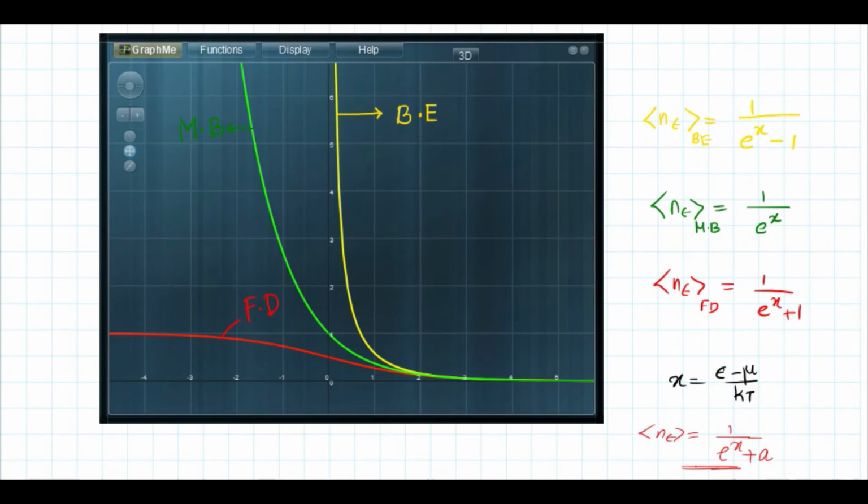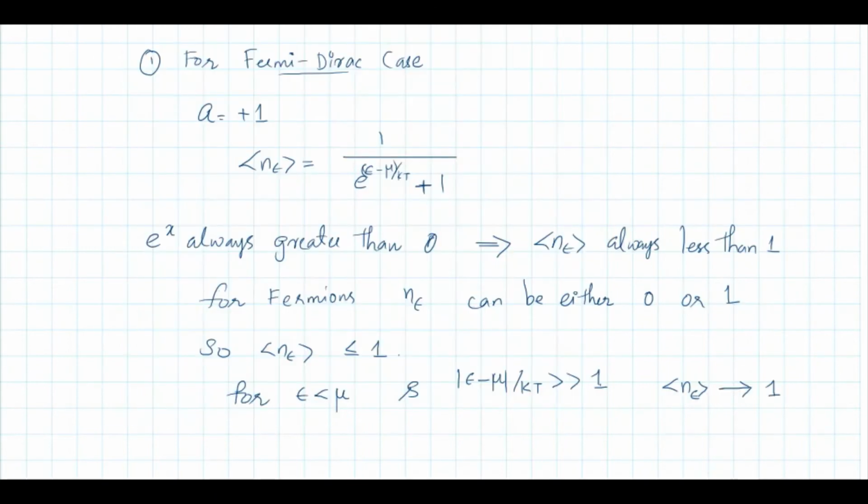So the equation for occupation number becomes 1 divided by e raised to epsilon minus mu by kT plus 1. We know that the exponential e raised to x is always greater than 0. e raised to x can never be negative. For any value of x, e raised to x is greater than 0.